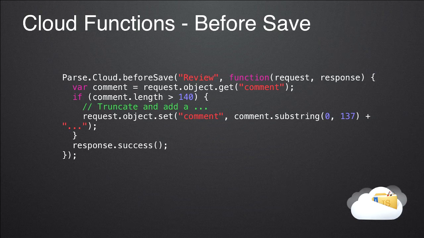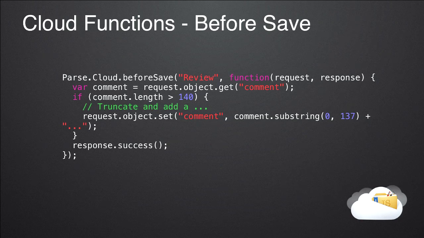So what's going on here? You've got Parse.Cloud.beforeSave, and then a Review object. What this says is that before a Review object, which is an object I may have in my app, is saved, I want you to do something. There is a request incoming. What do I want to do? First, I want to get at the comment, so request.object.get comment. That gets the comment field that's being changed.